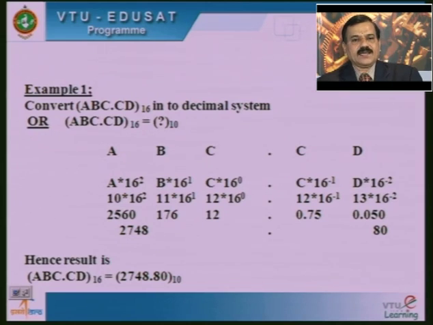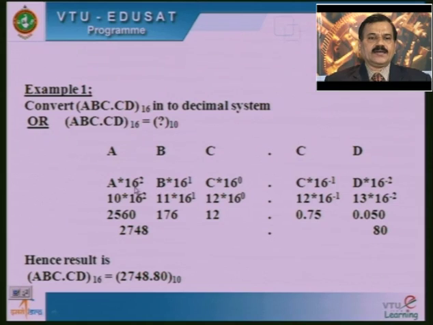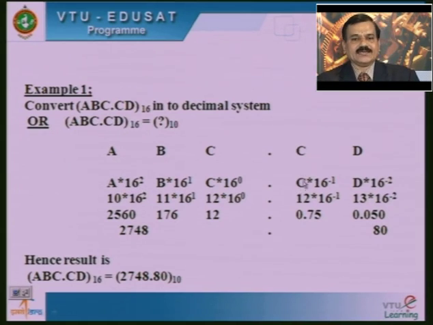Then C must be multiplied by 16 to the power 0, and next B must be multiplied by 16 to the power 1, and A, that is the MSB, must be multiplied by the highest value, that is 16 to the power 2. And after the radix point, C is multiplied by 16 to the power minus 1, and D must be multiplied by 16 to the power minus 2.